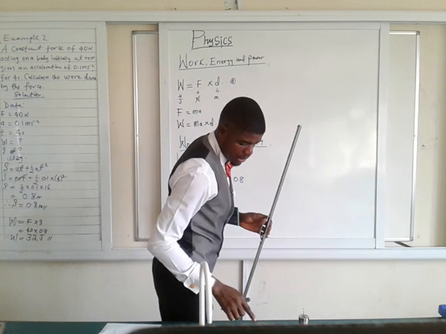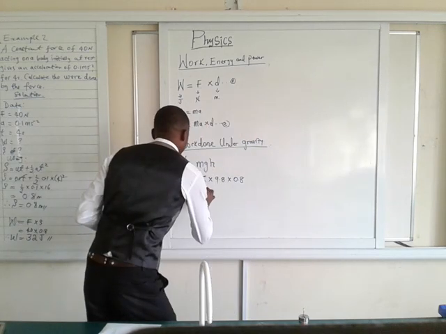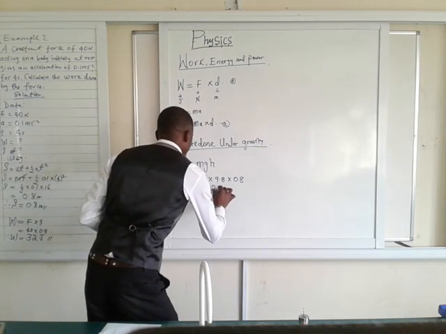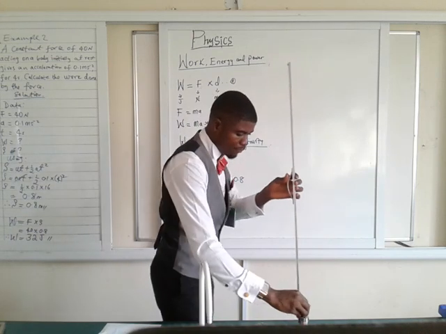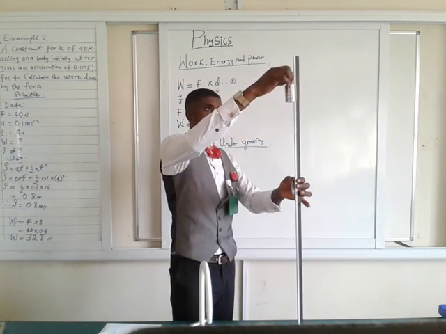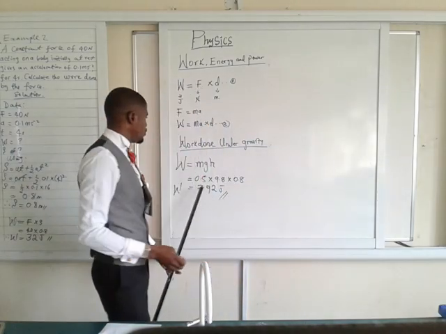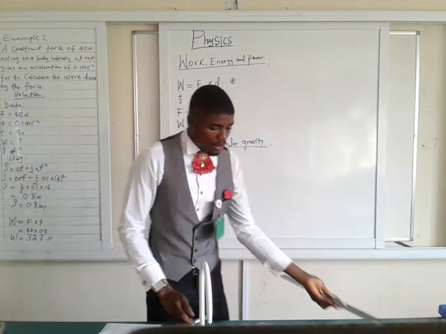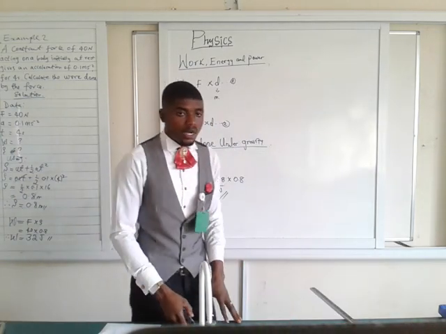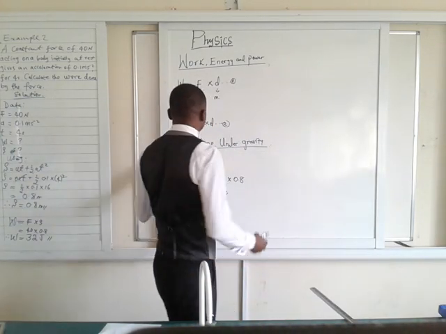Our answer is 3.92 joules. So the work done under gravity by lifting this object up is giving us 3.92 joules.